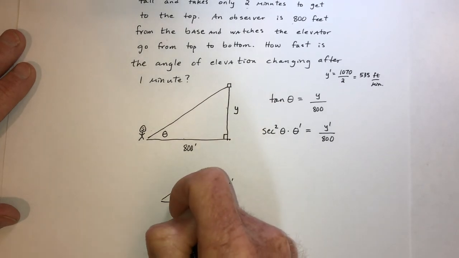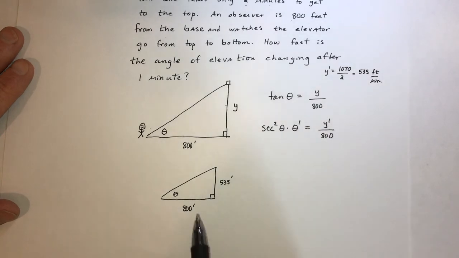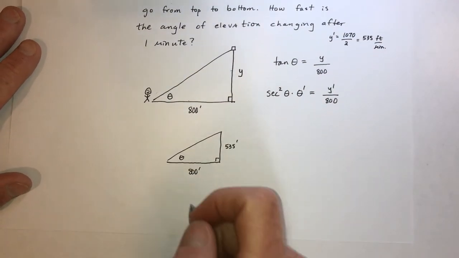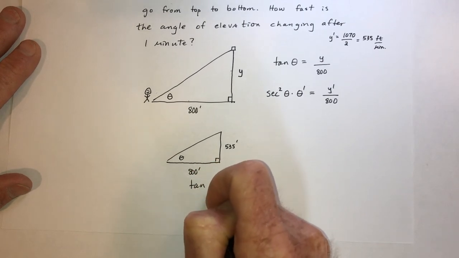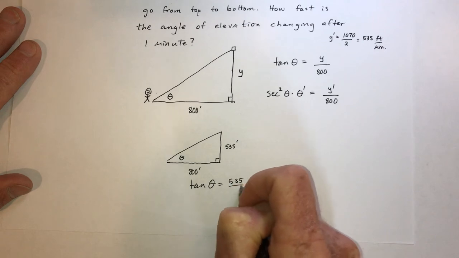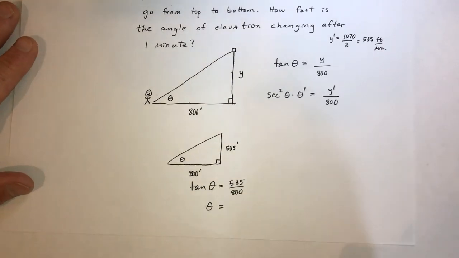And then how much is theta? So this is going to be tangent. So tangent of theta is equal to 535 divided by 800. And then take tangent inverse.